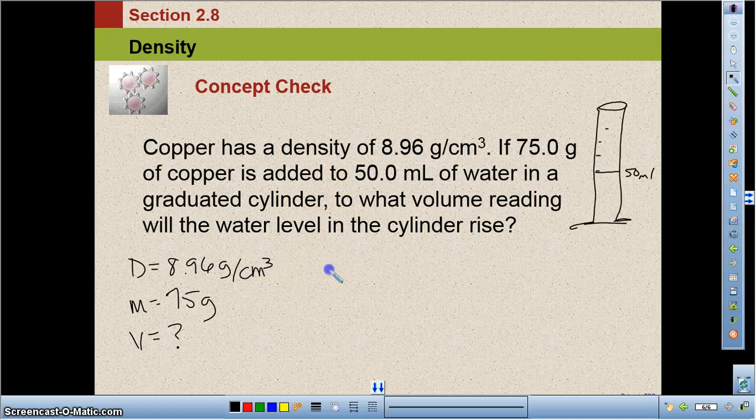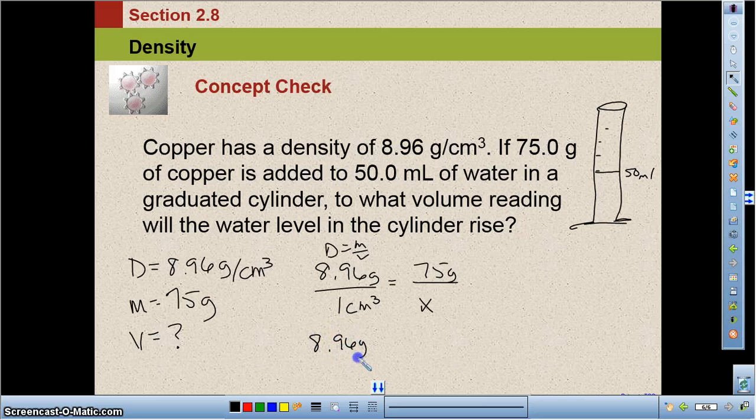So let's start with density. We're going to use our D equals M over V again. So 8.96 grams over 1 cubic centimeter equals 75 grams over X, which is our volume. Cross multiply. 8.96 grams times X equals, I'm going to cross multiply this way, 1 cubic centimeter times 75 grams.